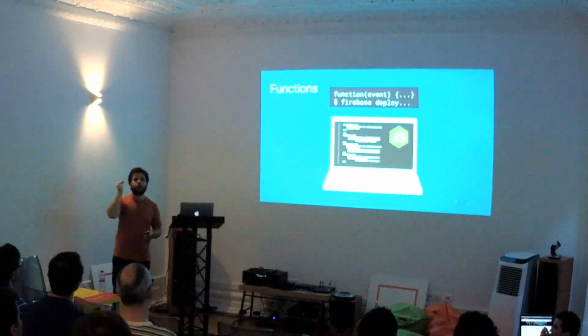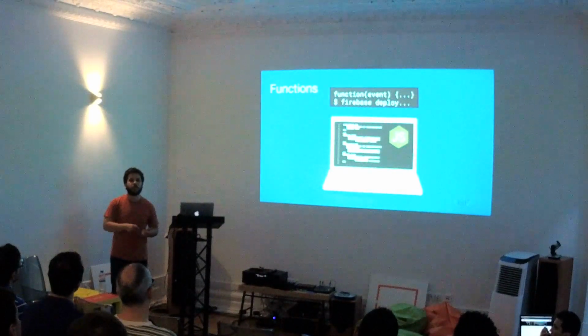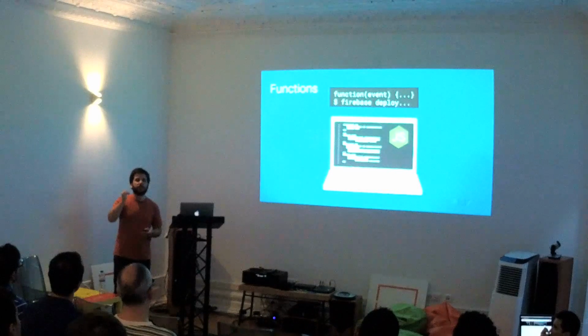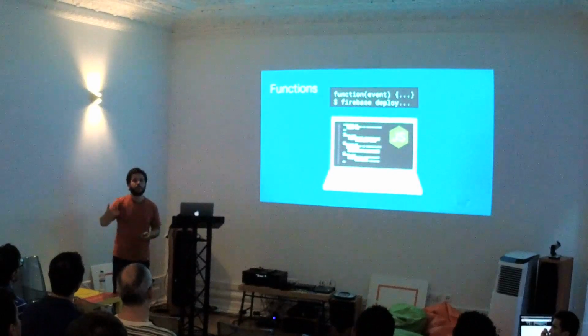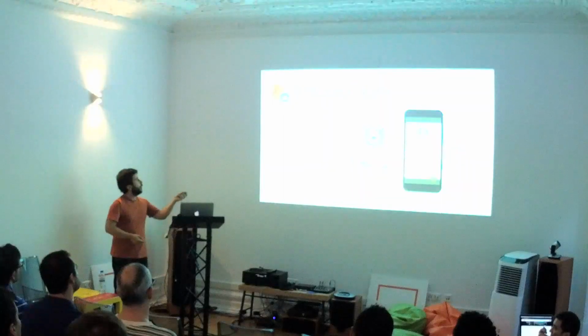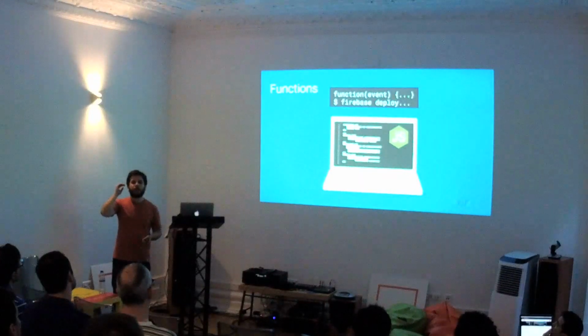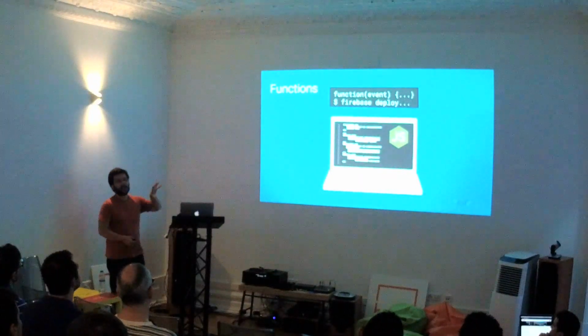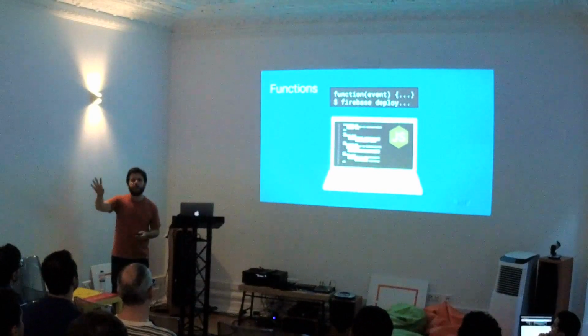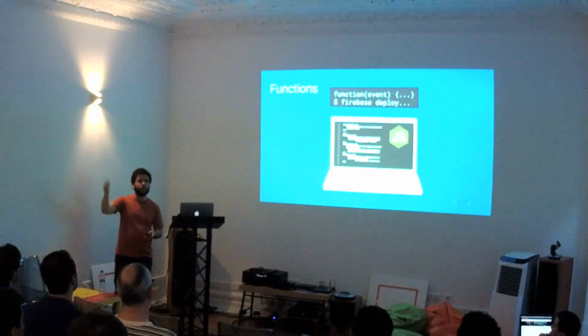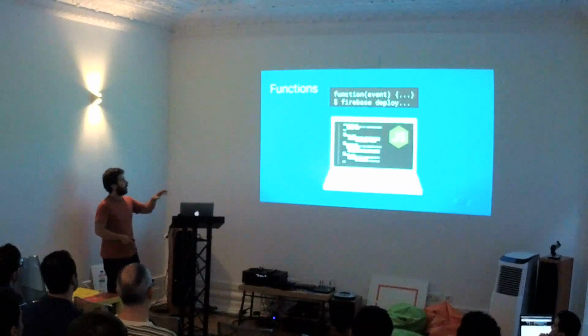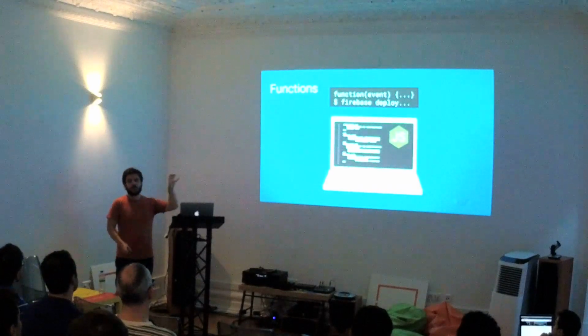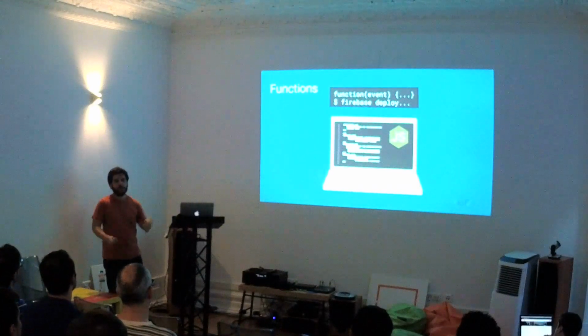Imagine there's a new value in the real-time database. You can catch the event and do something with that information. For example, with authentication, when someone registers in your app for the first time, you can catch that event and send a notification immediately after: welcome to my app. It's really powerful, but be careful, it's still in beta, don't use it in production yet.